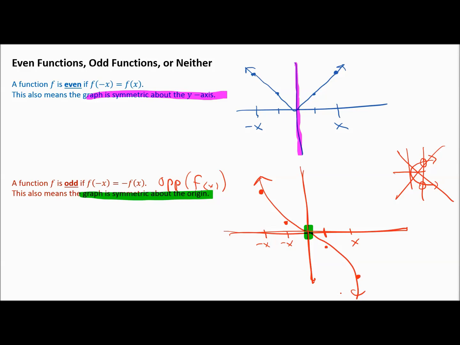So what I suggest students do is rotate. You can picture if you rotated this top left piece, which is called quadrant 2, all the way around 180 degrees this way to quadrant 4, this piece would land right on top of this piece and line up. Now, my rough sketch doesn't do that, but it would if you really had an odd function.